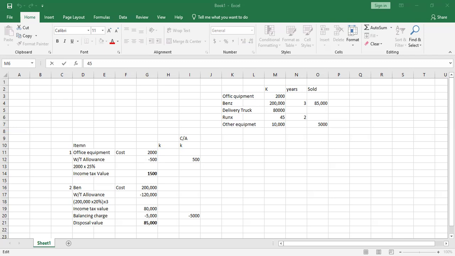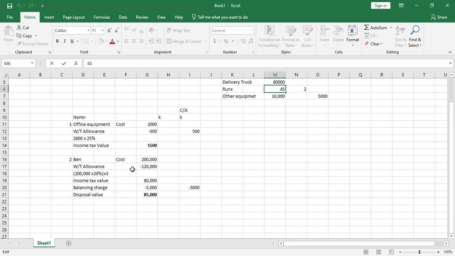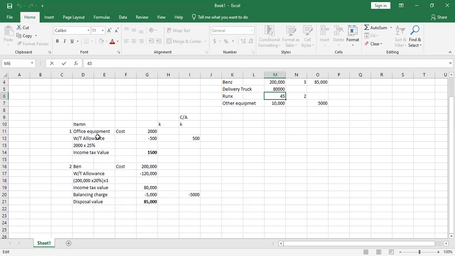So let me just wrap it up. This is how you do it. I wanted you to look at this so that you can follow through. This is the way that you're supposed to calculate capital allowances. You've got the cost, then you deduct the wear and tear allowance, that's the capital allowance. Then the cost minus the capital allowance gives us the income tax value.